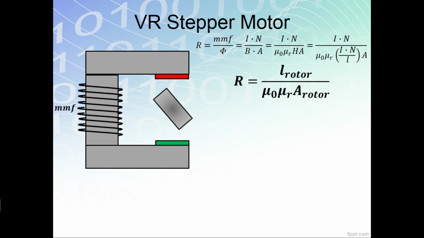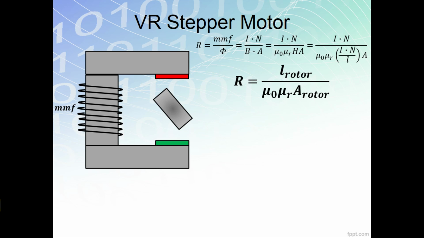The area of the rotor shown in the equation is the surface area of the rotor which is in contact magnetically with the magnetic poles. Here, this is the area.